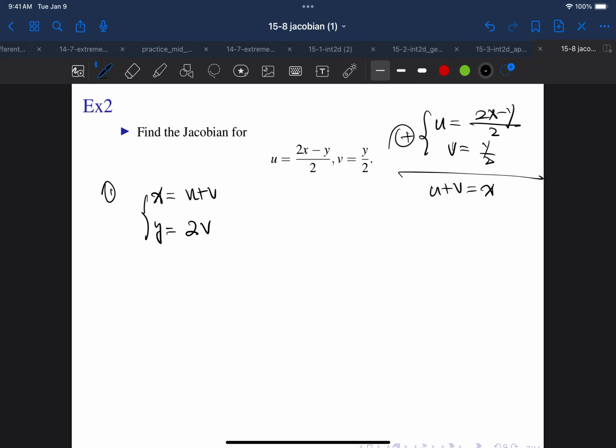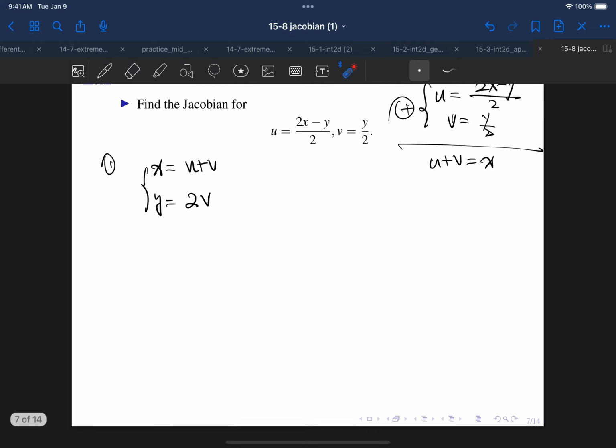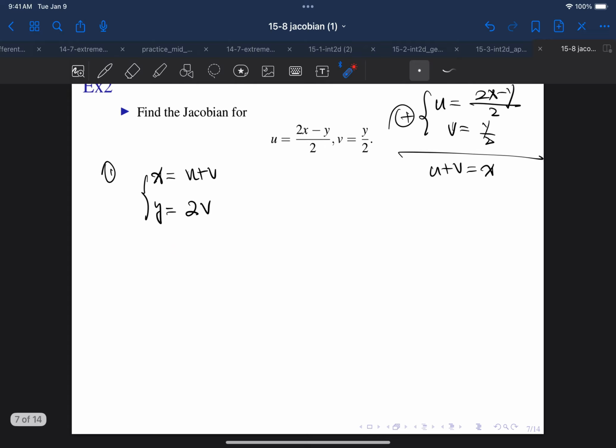So y equals 2v. Once you have x and y in terms of u and v, it's clear what the Jacobian looks like. The Jacobian is the determinant of xu, xv, yu, yv.